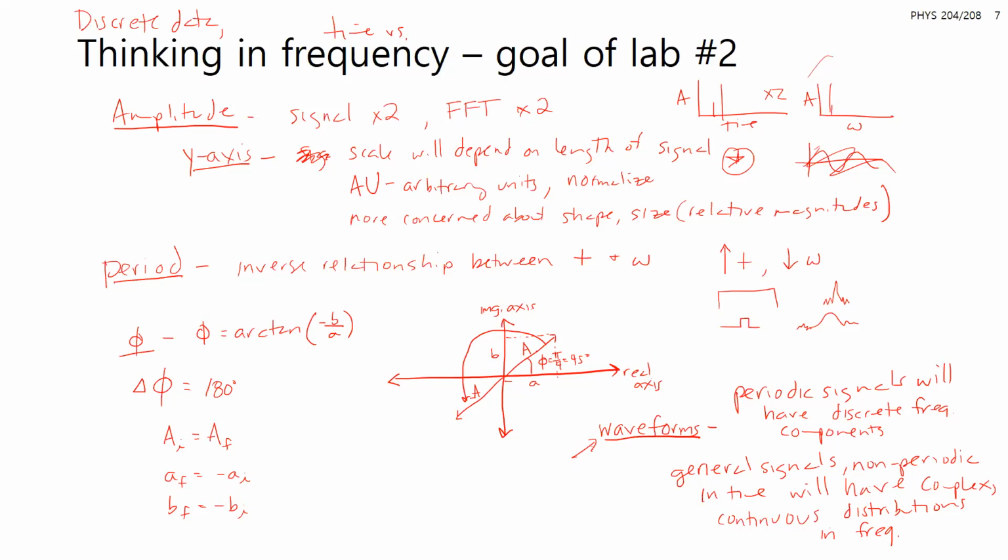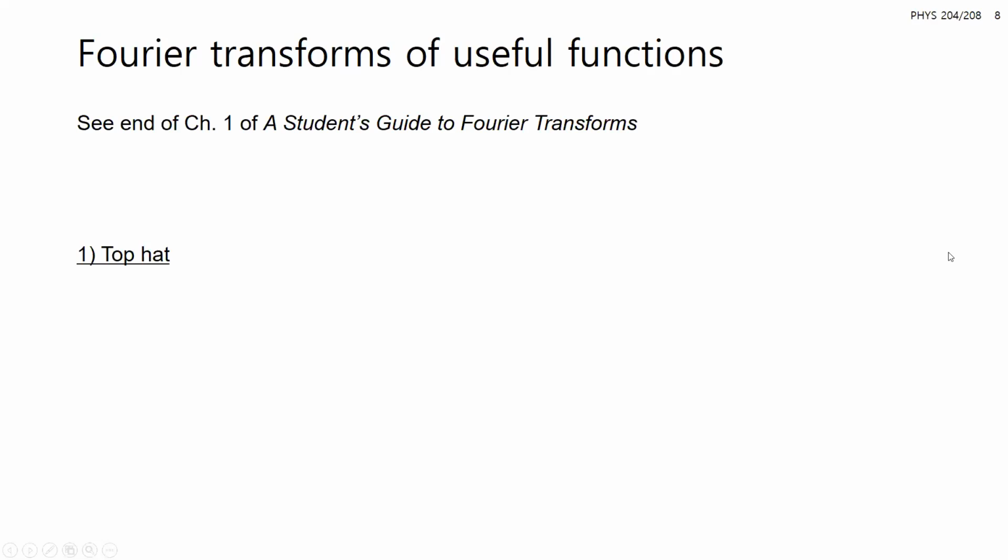So for the last chunk of the lecture, we're going to be talking about Fourier transforms of useful functions. It's beneficial to know certain signals and what their Fourier transform is, so you can deal with these basically from memory.